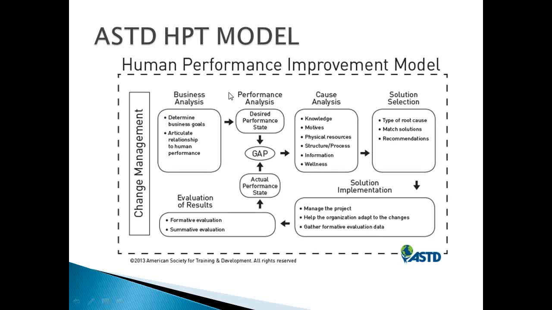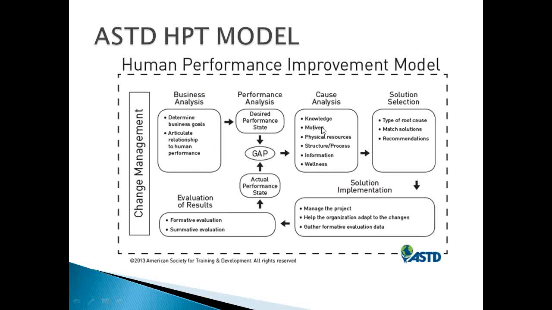So we've got some of the same stuff. We do an analysis. We've got the HPI model from ASTD. There's a performance analysis. That's the performance state. And then you take a look at the cause. Is it knowledge, motives, physical, structure, information, wellness? And then we select a solution. But you'll see that they tend to focus in the HPI model more around the human side.